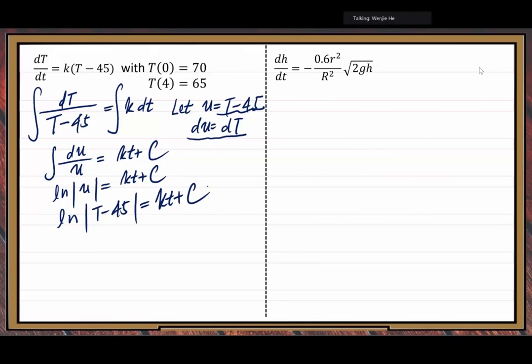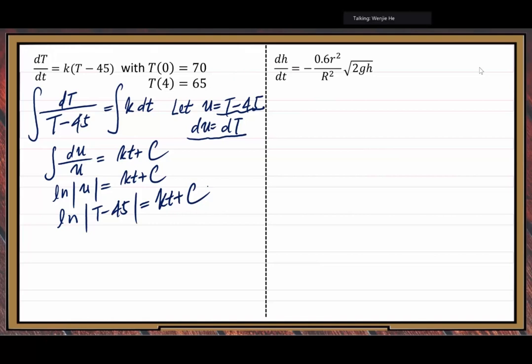But in this question, I want to take a different way than our previous one. Previously, we did a lot of analysis to determine the expression inside the absolute value is positive.